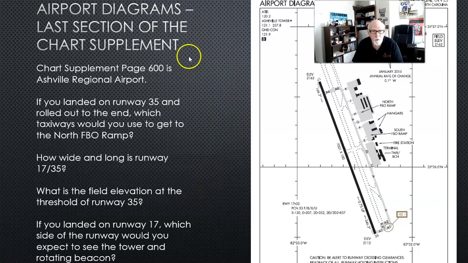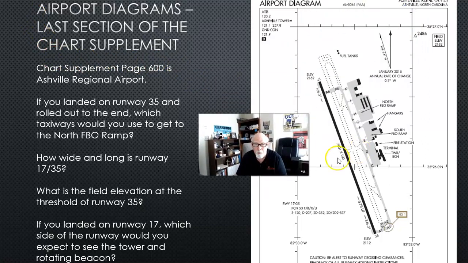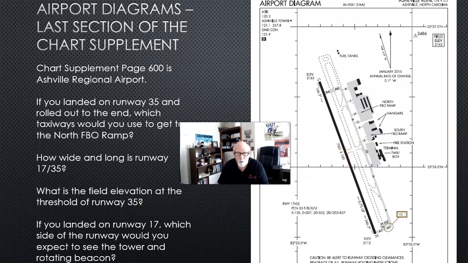Okay, in the last section, in the airport diagrams, they have selected diagrams for different airports. Like I put the Asheville airport here, and you can see if you need more detailed diagrams than are in the little airport diagrams that are in the airport directories, they'll have this here.